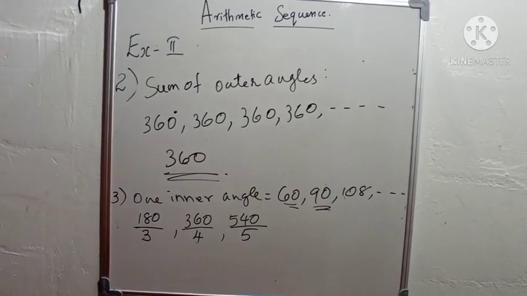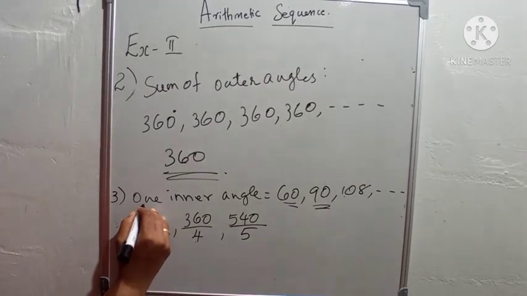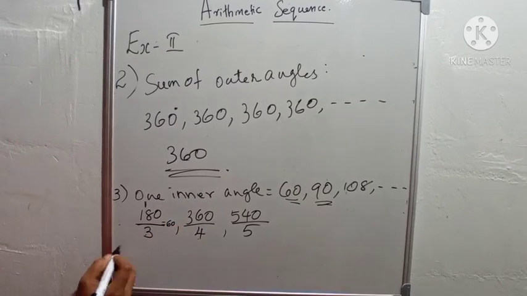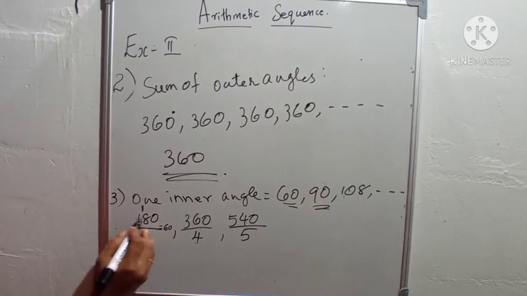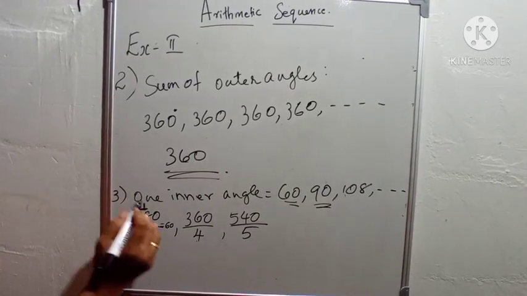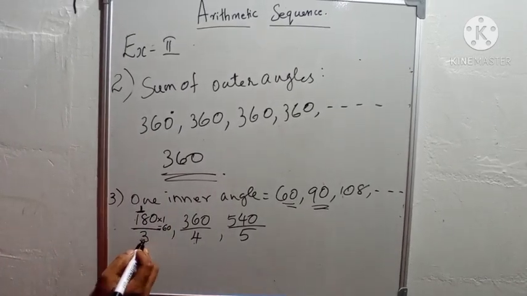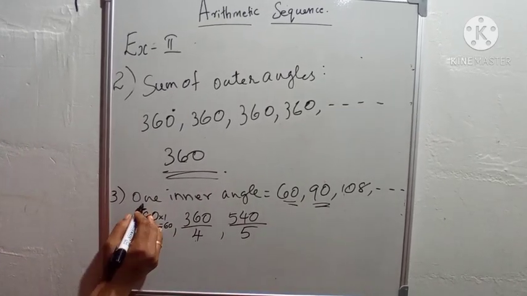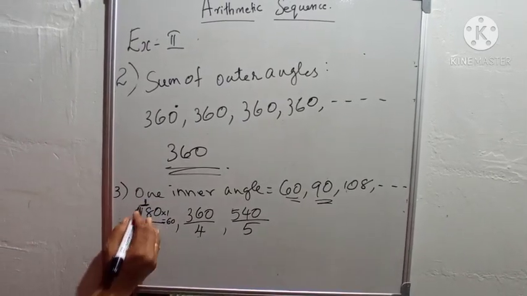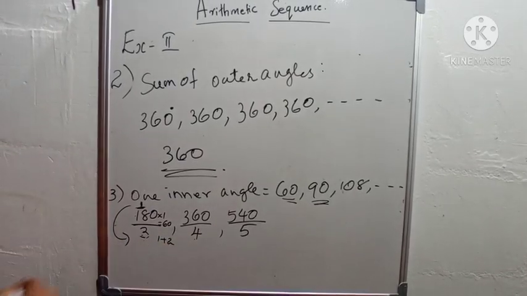Okay, then how do we find the general form? See, this 60 is the first term. This 60 is actually got by 180 by 3. Then we know that this 180 is actually 180 into 1. And how do we connect this 3 and 1? See, this 3 is actually 1 plus 2.